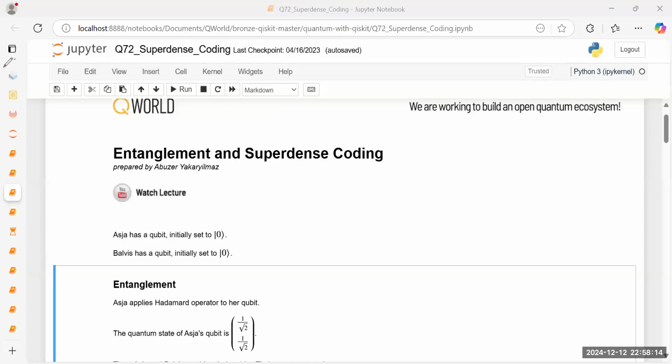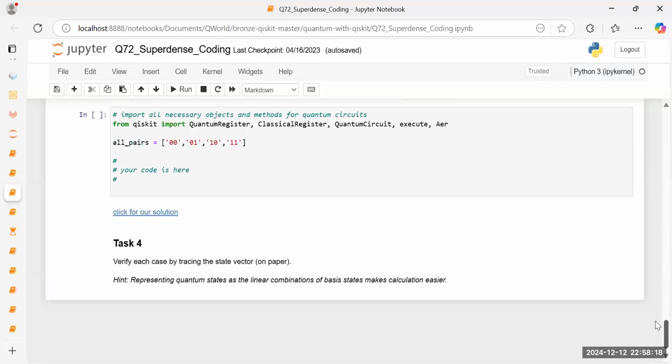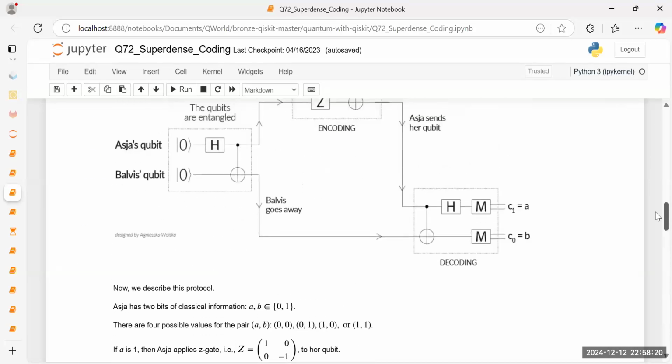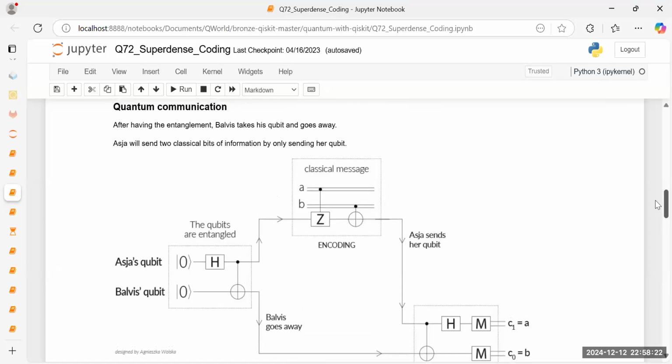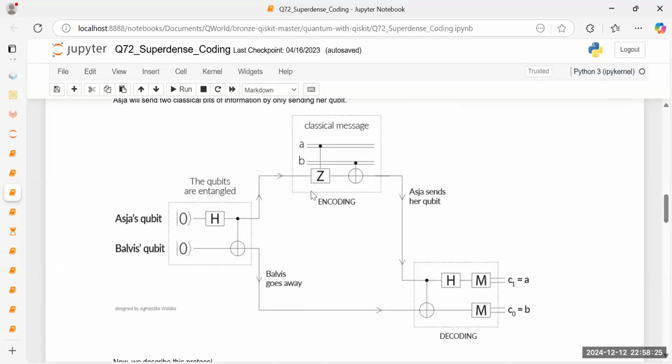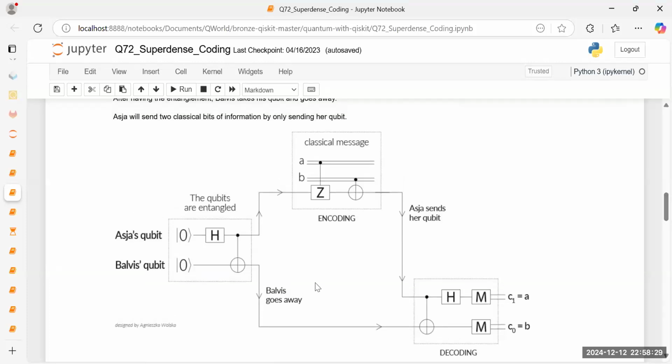Okay, so that's pretty much superdense coding. But honestly, I wouldn't say this is a very useful protocol, because it's really easy to create and send classical bits.